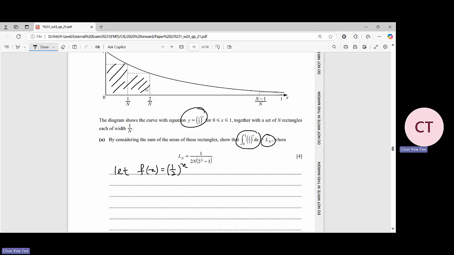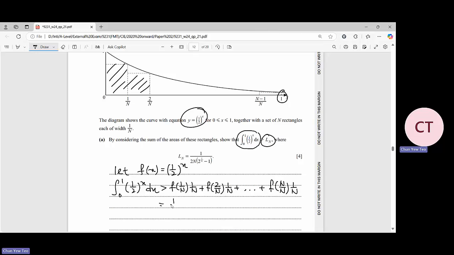So if we are taking the lower rectangle, that means the integration from 0 to 1 of the half power x dx will be greater than f of 1 over n multiplied by 1 over n, plus f of 2 over n multiplied by 1 over n, plus until f of the last one here, n over n, multiplied by 1 over n.